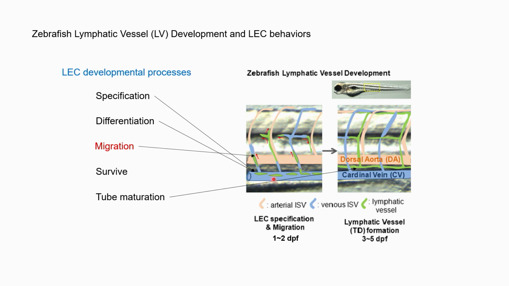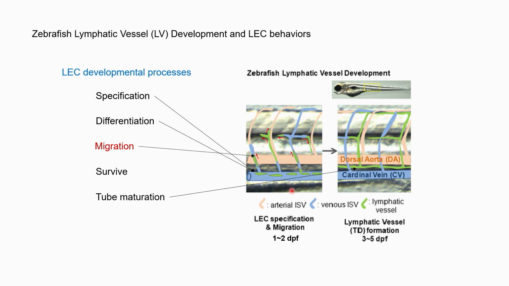The green cells here are the lymphatic endothelial cells. They result from lymphatic-specific endothelial cell specification and differentiation from existing venous endothelial cells. After that, they start to migrate out from the veins to form mature lymphatic vessels.